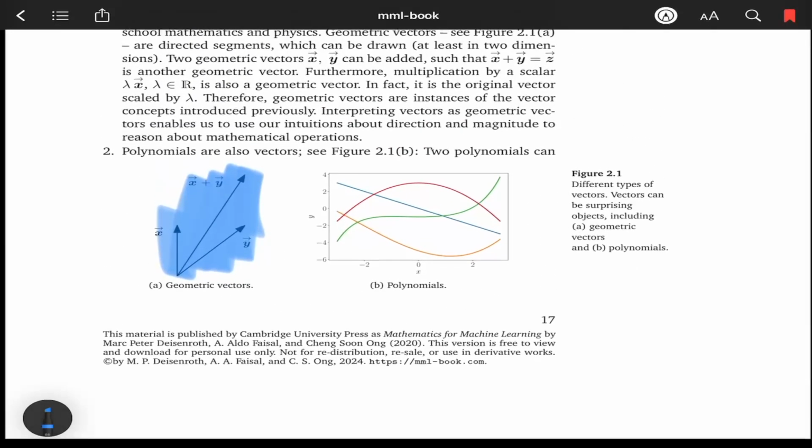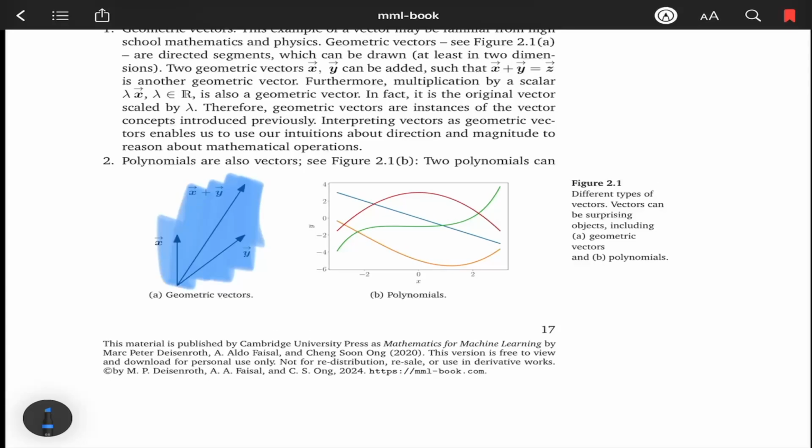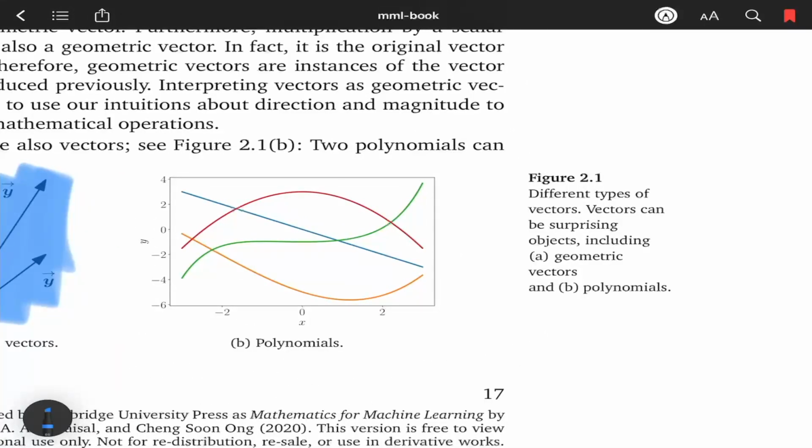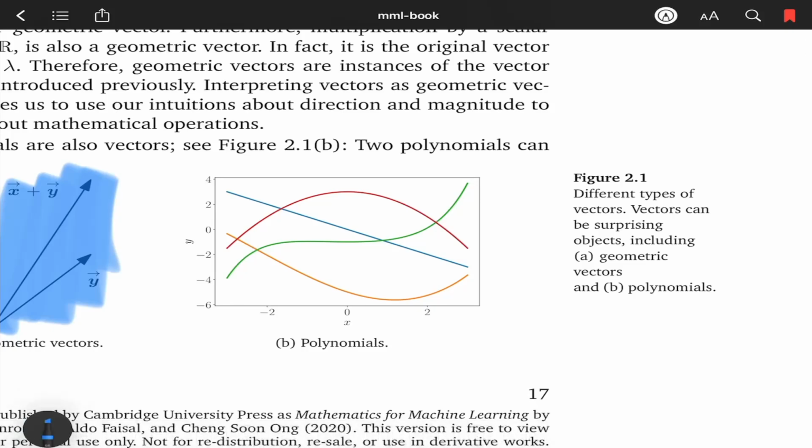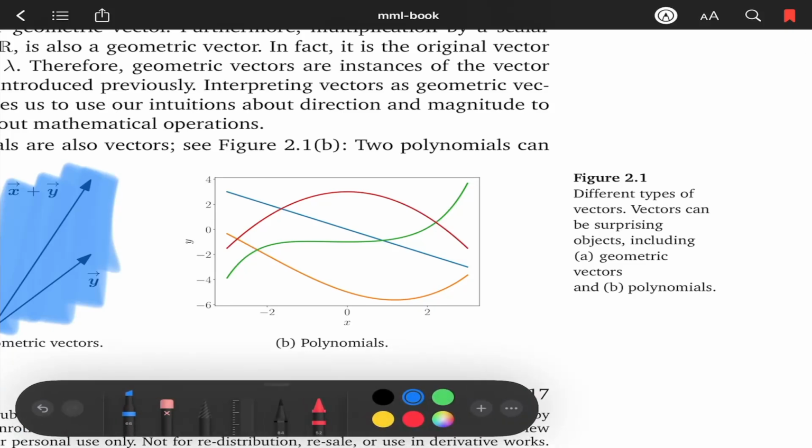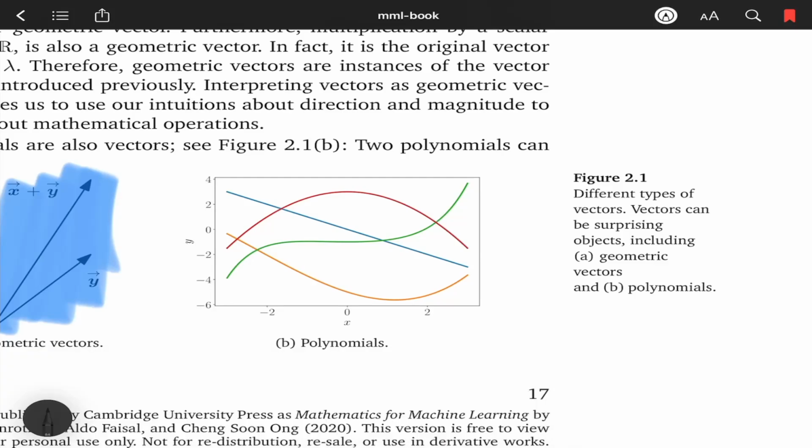Okay, so what they have here is figure 2.1. At least this is new to me, or maybe I knew it before and I forgot it. Different types of vectors. Vectors can be surprising objects. We have 4 lines.